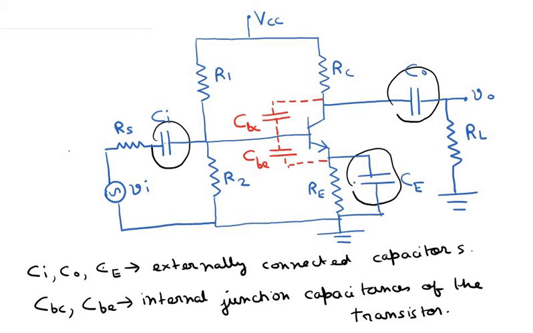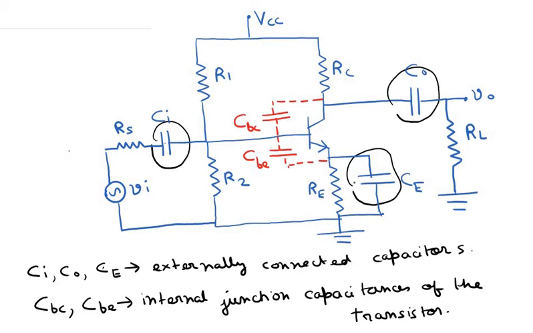So when we consider the AC analysis or the AC small signal model, we assume that these three capacitors CI, CE and C0 behave as short circuits at the considered frequency. Now let us assume that I lower the frequency.